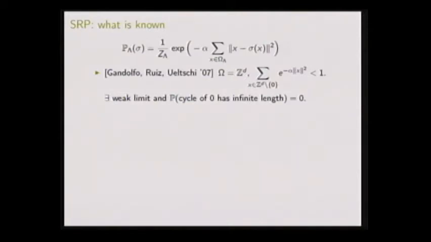So as we saw before, this would be a Gibbs measure. And then this weak limit would assign, if alpha is large enough, satisfying this, probability 0 to there being a cycle of infinite length. Here it's just stated for the cycle of the origin, but, well, okay, you can easily see that this means that there are no infinitely long cycles.